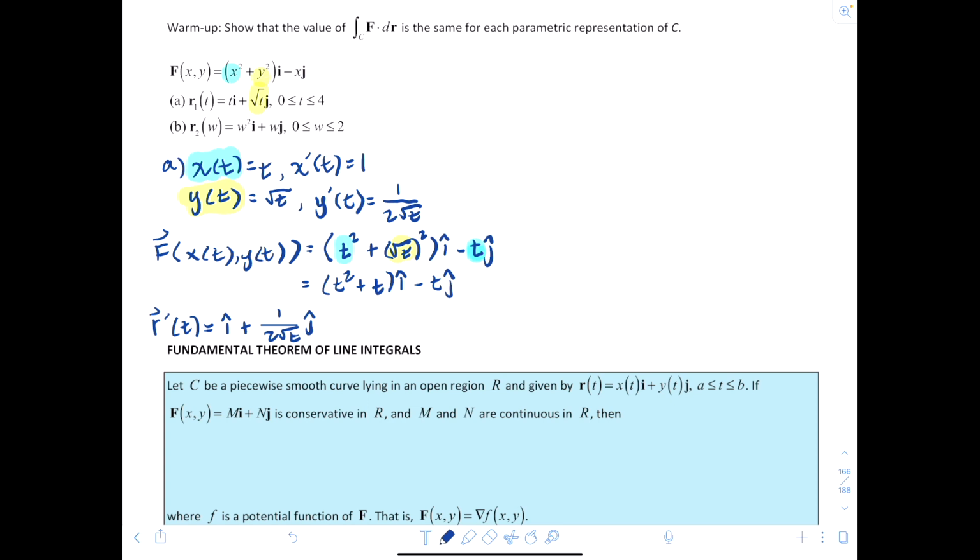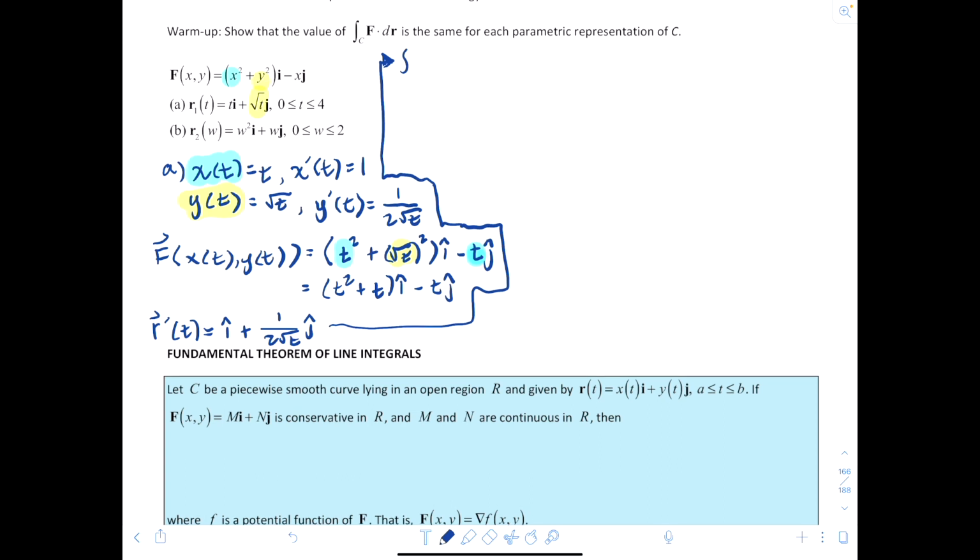Now what do we need to do? We need to find the dot product. So the dot product of the vector field and r prime at t is going to be, well, t squared plus t times 1, which is t squared plus t. So let's put this into the form of our integral now.